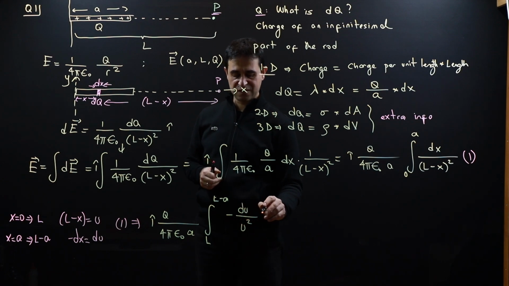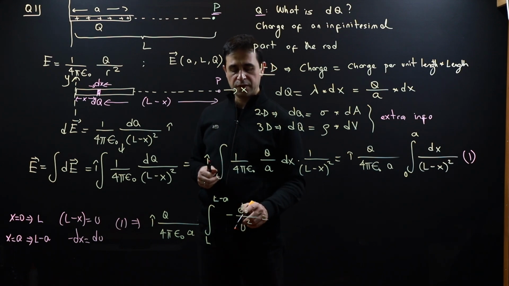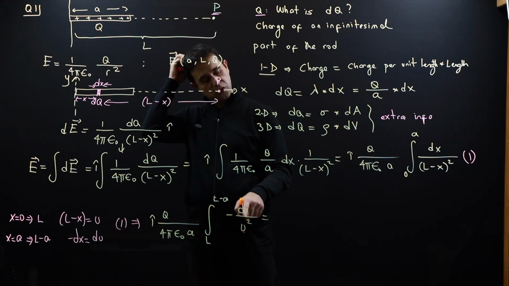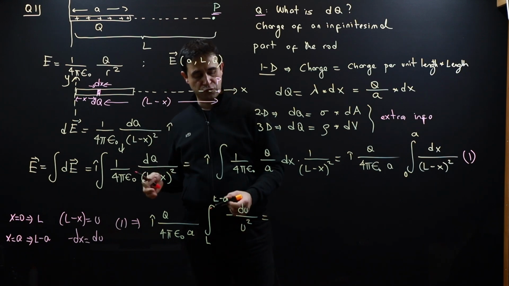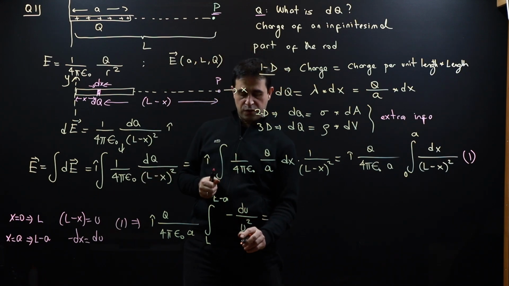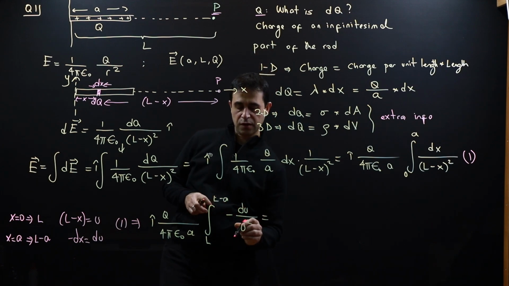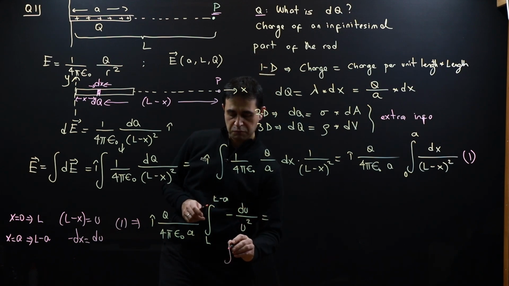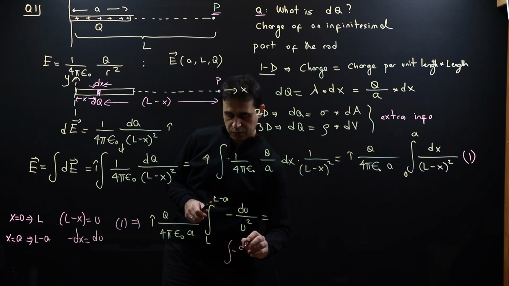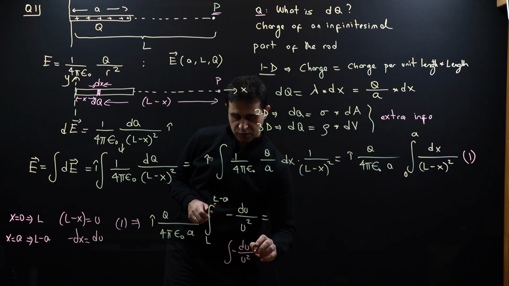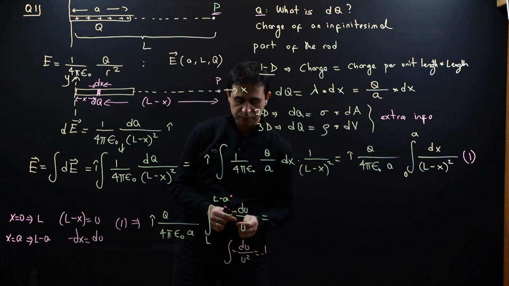So now this is a simple integral. You have minus 1 over u squared, and its integral is 1 over u. So let me write it here: minus the integral of du over u squared is just simply 1 over u.